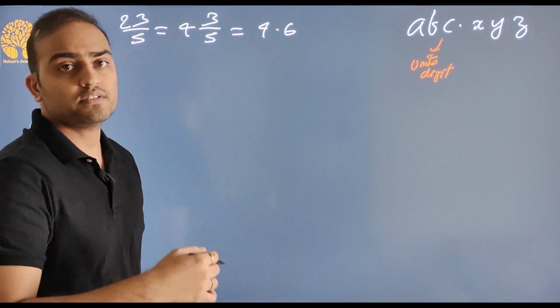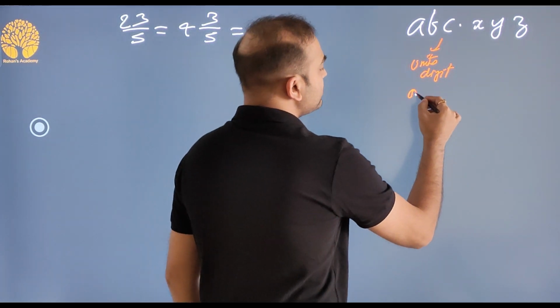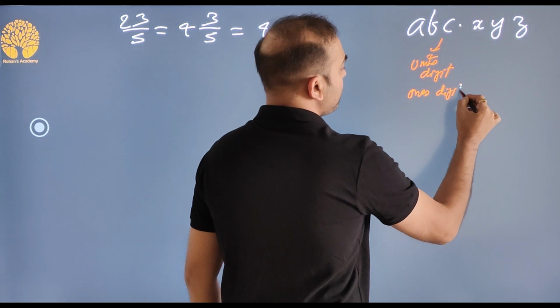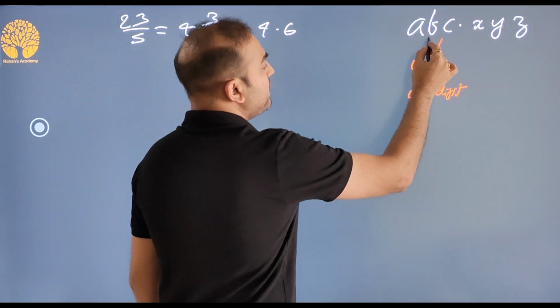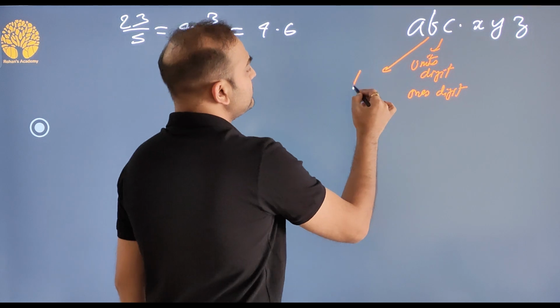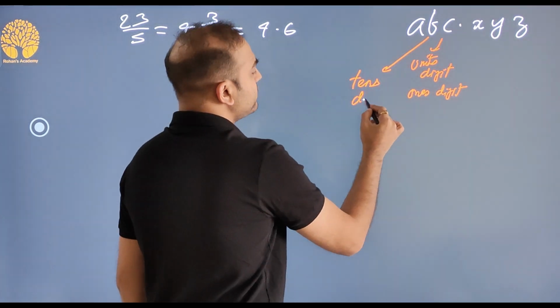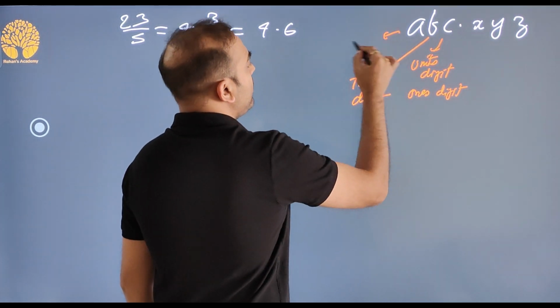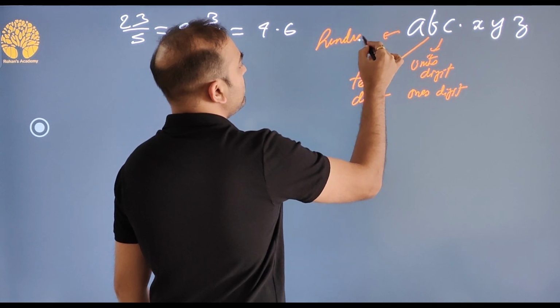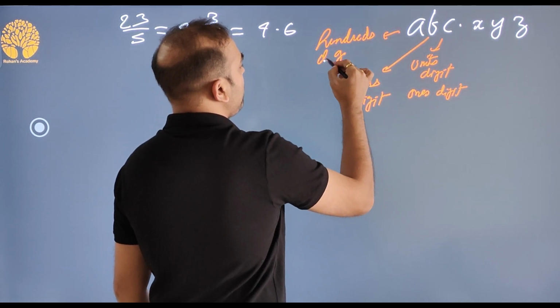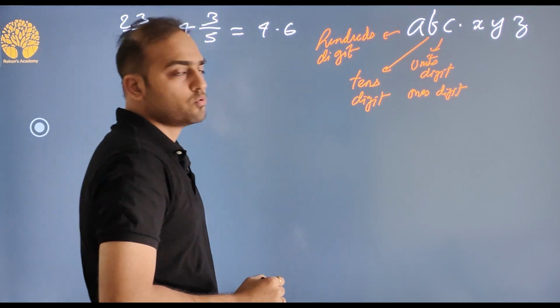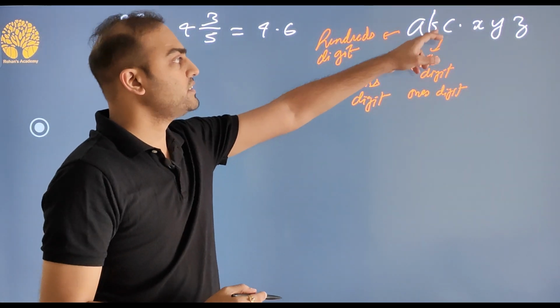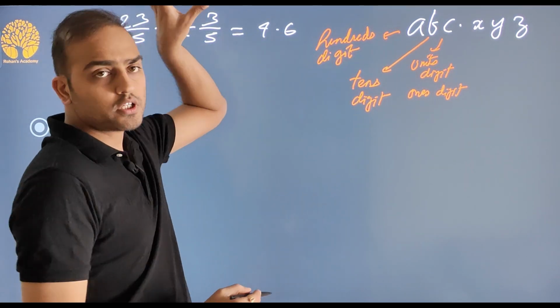Everybody knows this, we call it units digit or ones digit. B is the tens digit, then hundreds digit, and so on. So you have units, tens, hundreds, thousands, and so on.